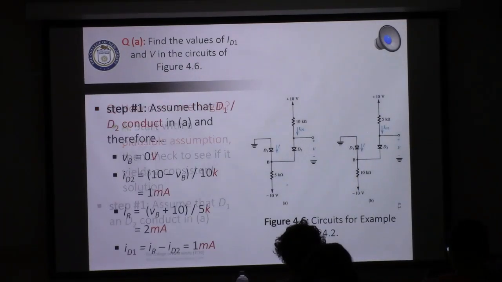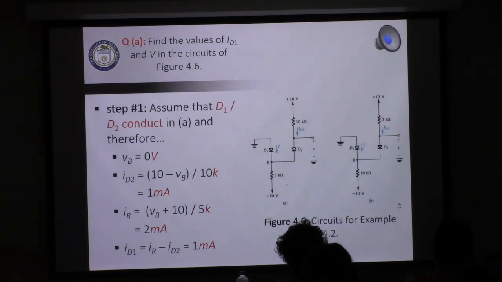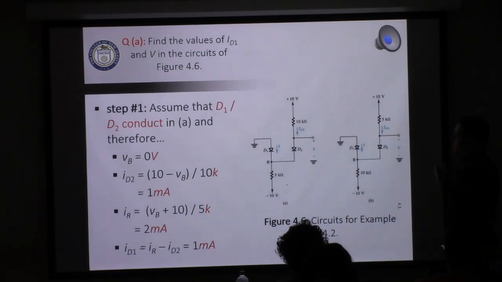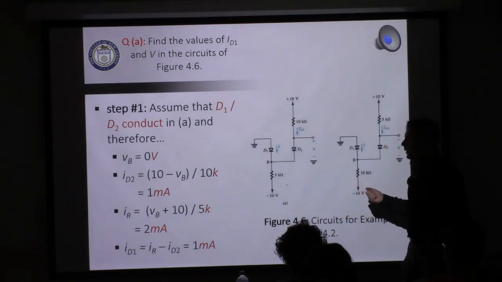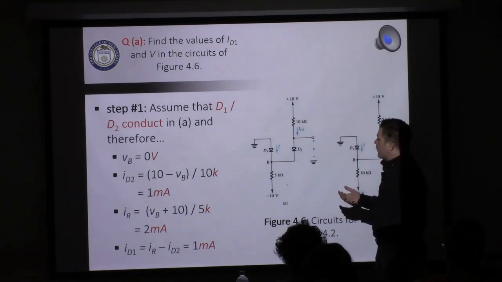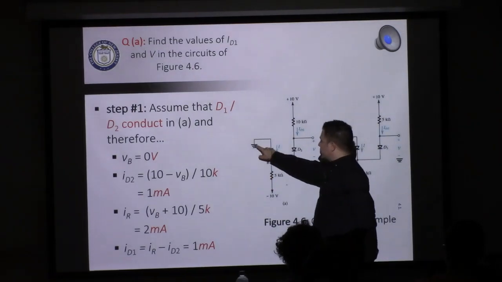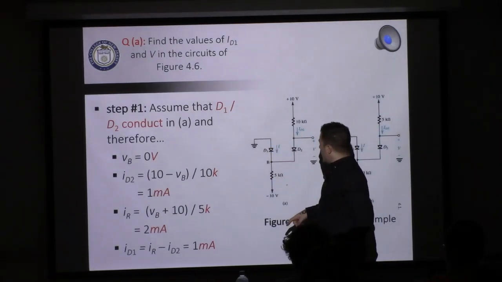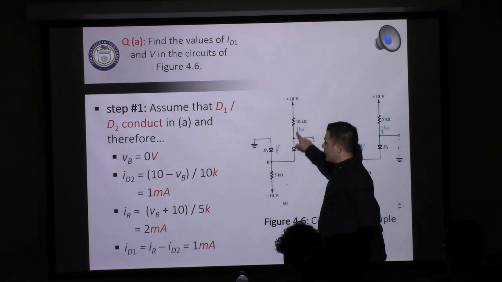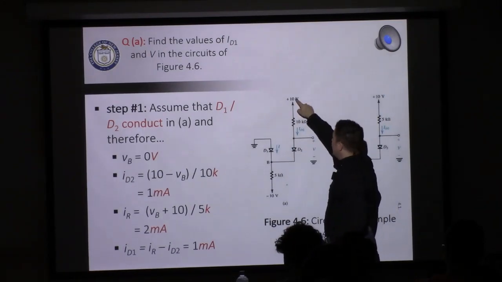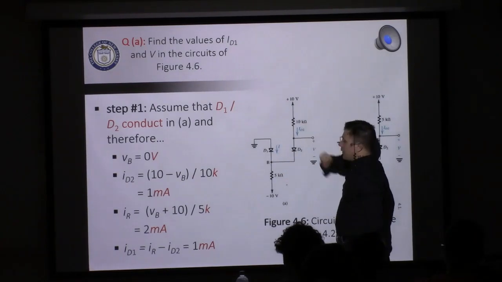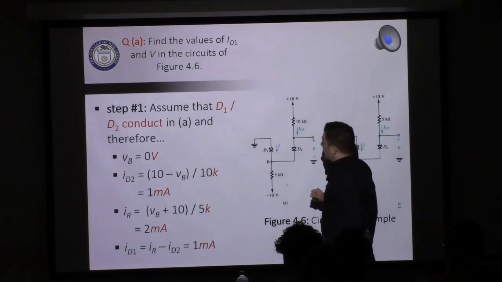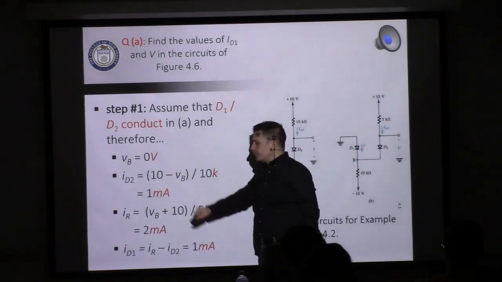Now, once we make the assumptions, hopefully the math should be very easy, especially since this is not a very complex circuit. So we can go ahead and solve. We know that VB is equal to ground. We know that ID2, which is this current here, will be equal to 10 minus 0 over 10,000, so that gives us 1 milliamp.